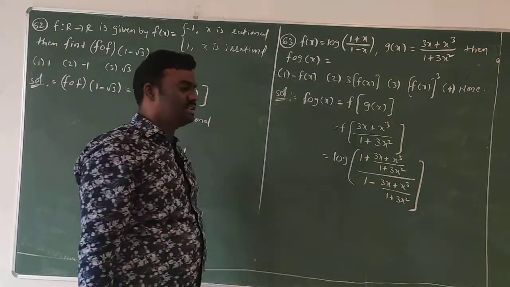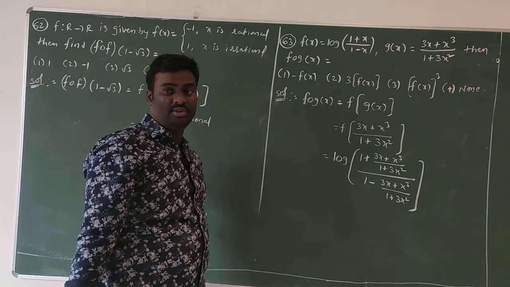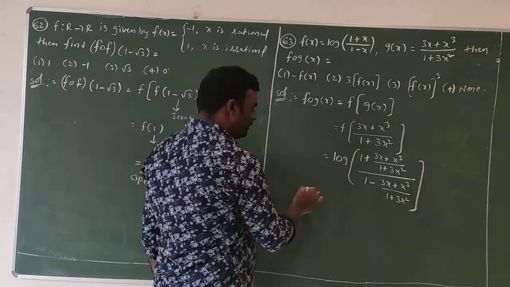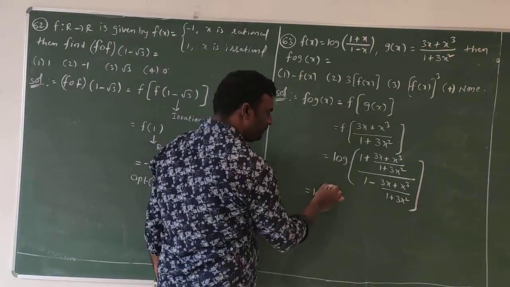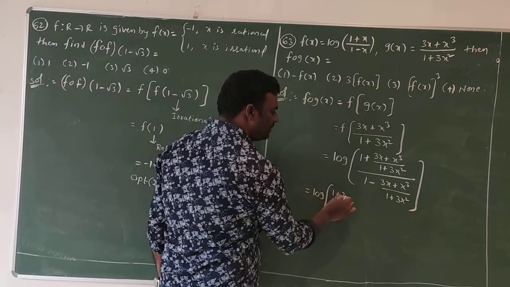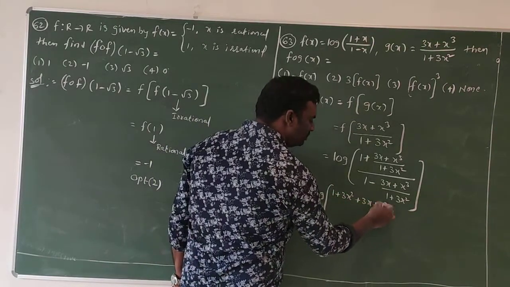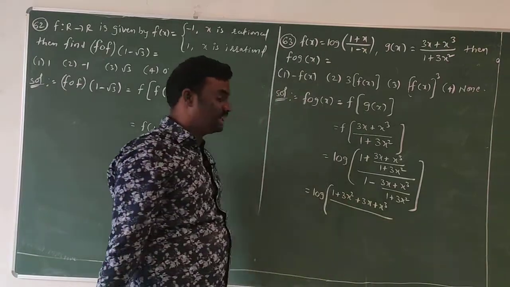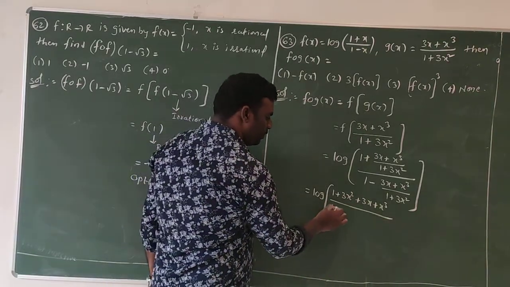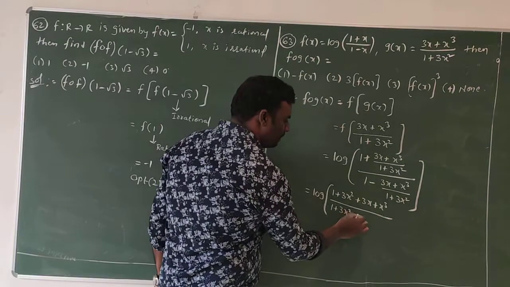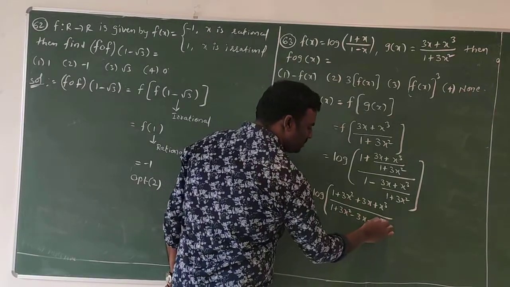Now simplify this. Both have the same LCM, so the LCMs get cancelled. Then log of 1 plus 3x square plus 3x plus x cube, next, 1 plus 3x square minus 3x minus x cube.